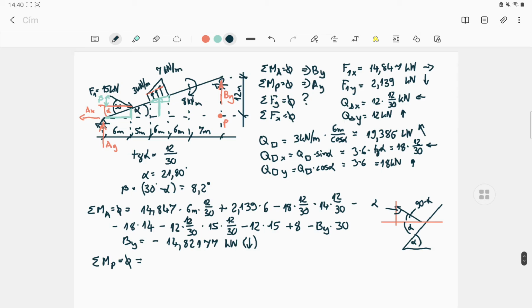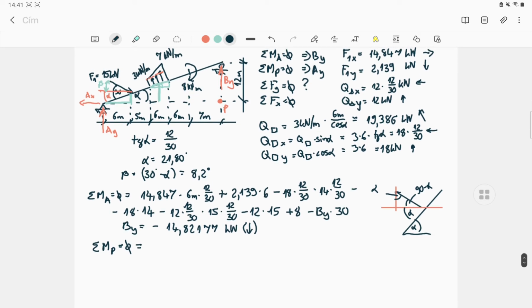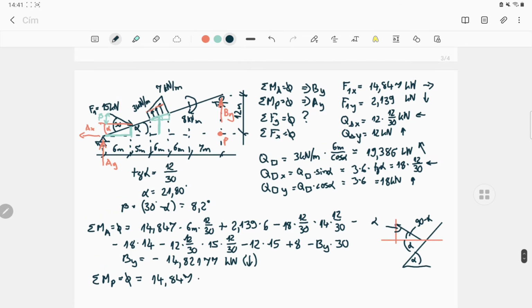Let's see the forces in the same order. So first the F1x, 14.847 is the force, and let's check the distance. This is so interesting. From the P point or from the A point, the height of this triangle is the same. You have to see it because the A and the P are at the same level.